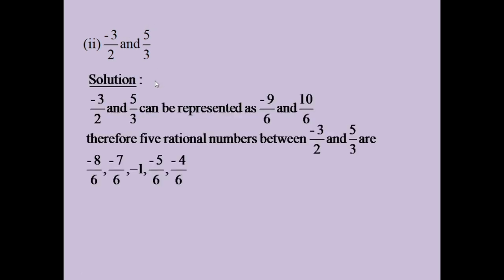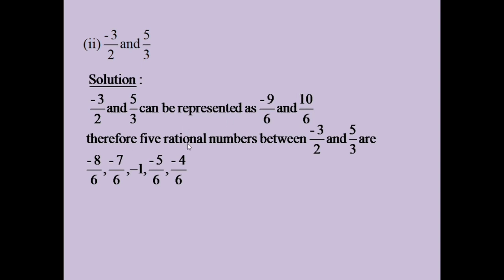The next question is minus 3 by 2 and 5 by 3. We have already solved a similar question before. Now in the same way we have to solve this question too. Minus 3 by 2 and 5 by 3 can be represented as minus 9 by 6 and 10 by 6.